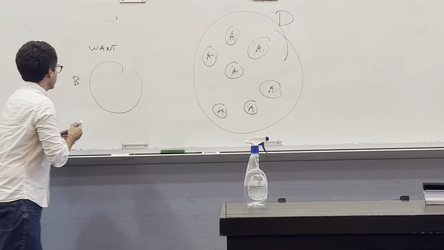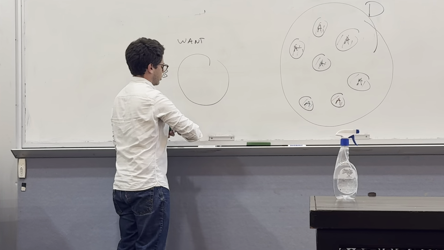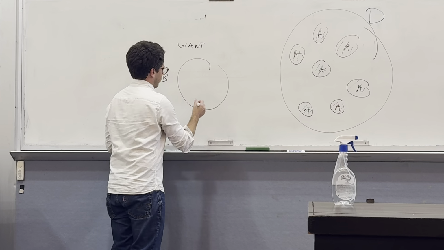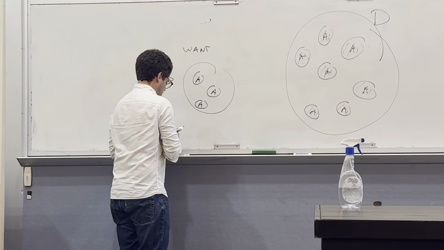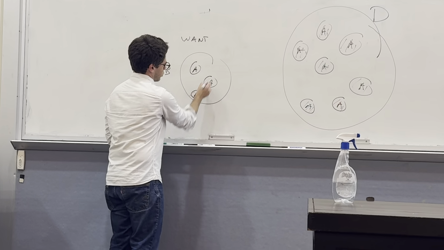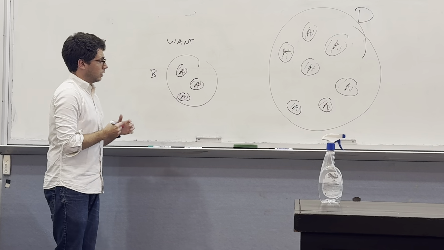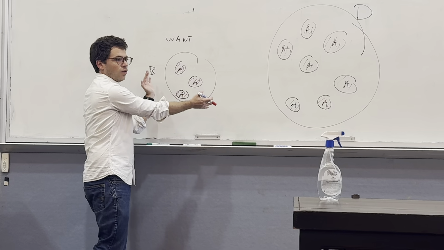Now what I want is something that looks like this. I've got a copy of B, which is some other structure, and inside of it, all the copies of A get the same color. So what I would really like is a picture like this, inside B. This is my abstract goal.